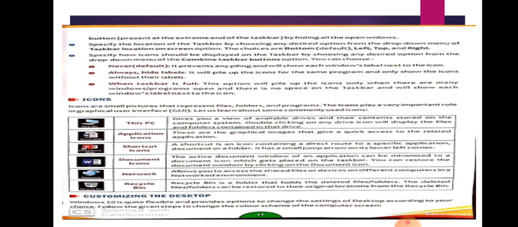With hide labels, you can pile up the icons for the same program. It will show the icons but without labels. If your taskbar is full, it will pile up the icons only when there are too many windows or programs open. When there is no space on the taskbar, it will show the labels next to the icon.